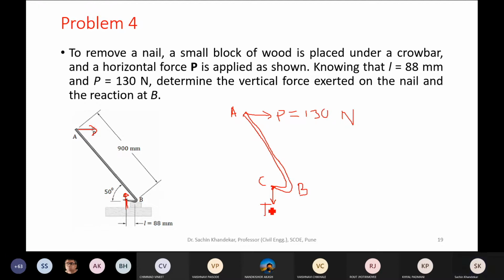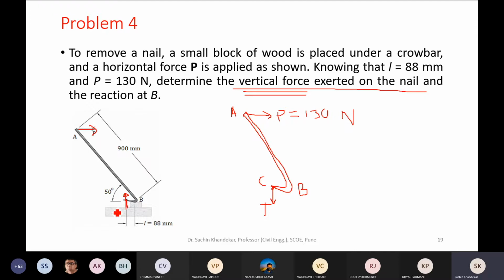I have shown these two forces, the applied force P and the tension T. P is in the horizontal direction while T is in the vertical direction. It is mentioned in the problem: determine the vertical force exerted on the nail. So the nail is exactly vertical.